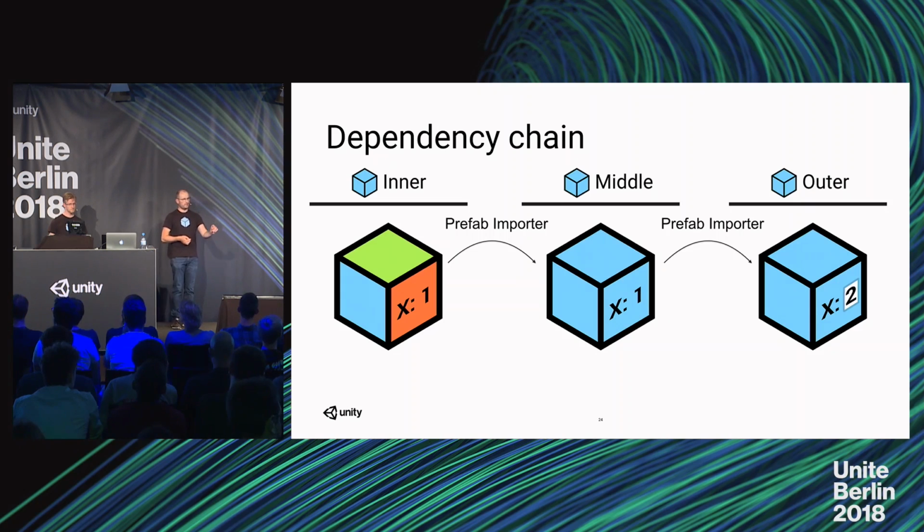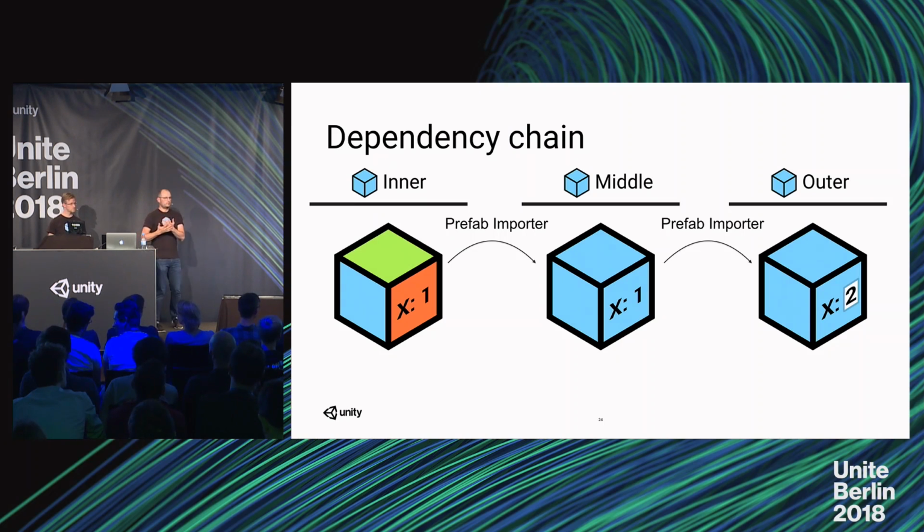You have your outer prefab, and in your middle prefab, you've nested your inner prefab. When you modify your inner prefab and write it to disk, we have to re-import the middle prefab in order to bake it into the library folder with the inner prefab inside it. And we also have to re-import the outer prefab to bake all of it into a third prefab in the library folder.